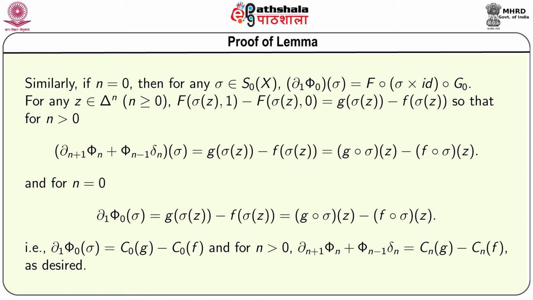That is, del 1 of phi 0 sigma is equal to C0 g minus C0 f, whereas for n greater than 0, the expression will be Cn g minus Cn f as desired.